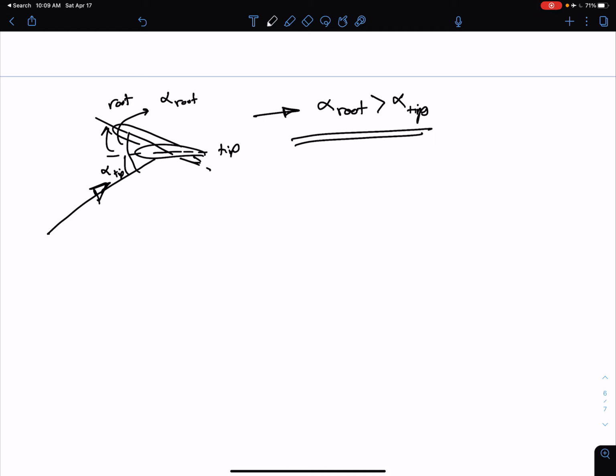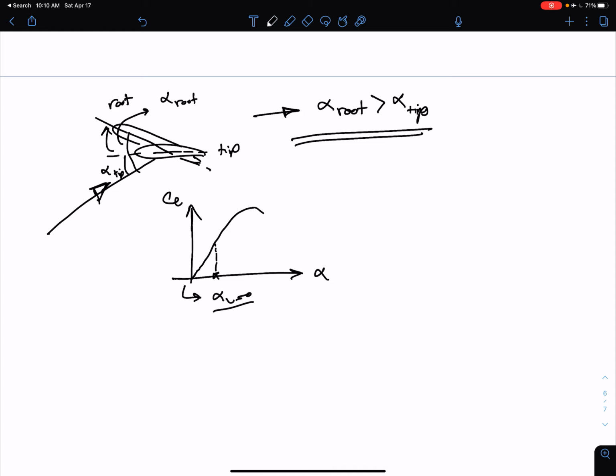What is going to happen when this is the case? To answer this question, you have to go back to the CL versus alpha plot. Let's say you have symmetric airfoils, meaning that your alpha at zero lift is 0. Your tip is located here, right?